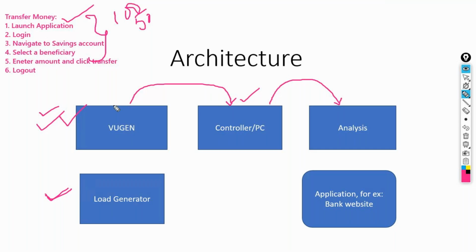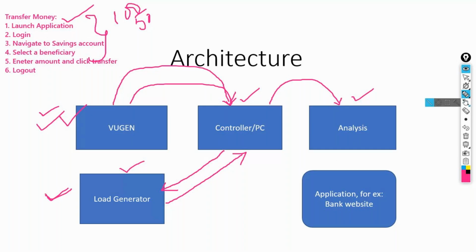Once the script is ready, we will upload it here and trigger the execution. Once you trigger the execution, all the scripts I uploaded to Controller or Performance Center will be transferred to the load generator, and the actual execution will happen there. The data will be sent back and shown in Analysis in the form of results, in terms of various graphs.